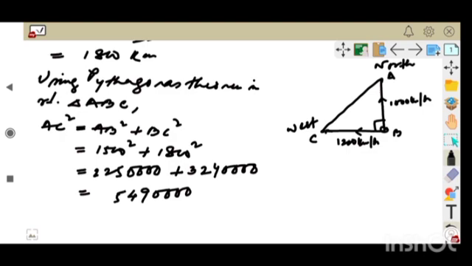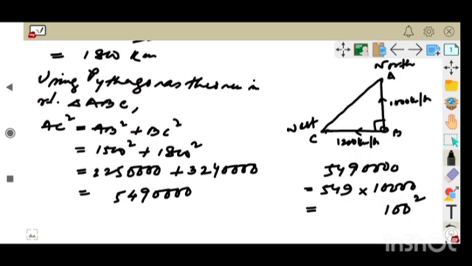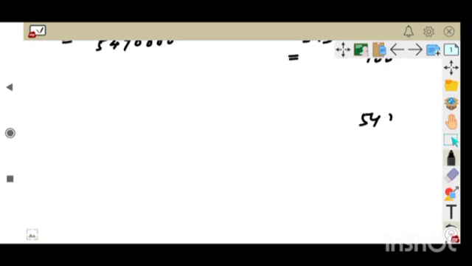Okay, so just pay attention here. 549, we have 4 zeros. This is nothing but 549 into 10,000. So 10,000 means easily we can write 100 square. But what about 549? Let's see now.